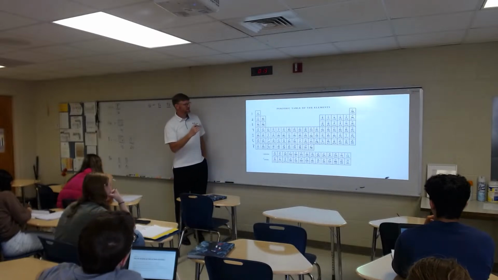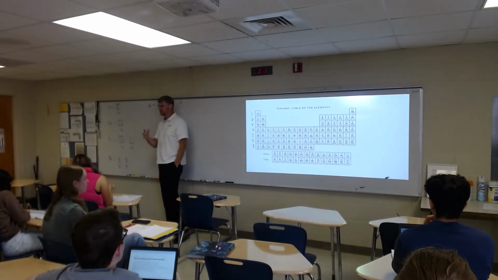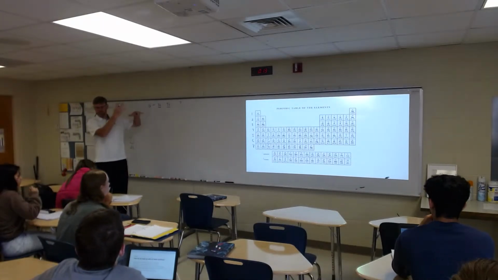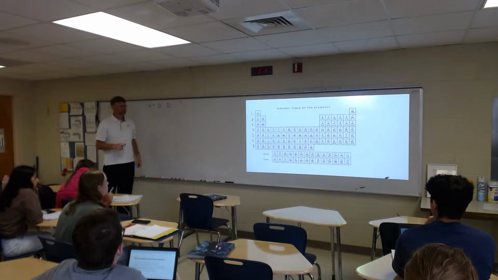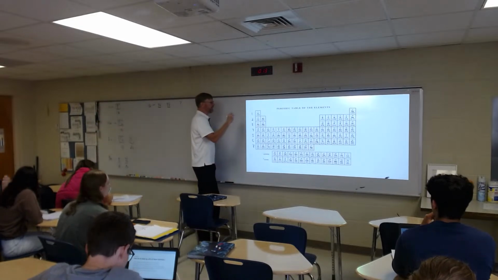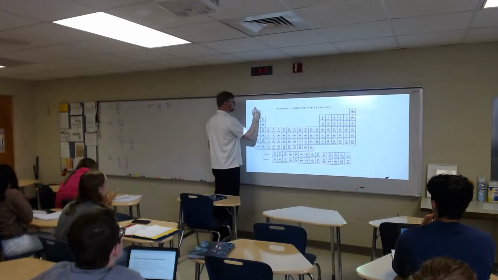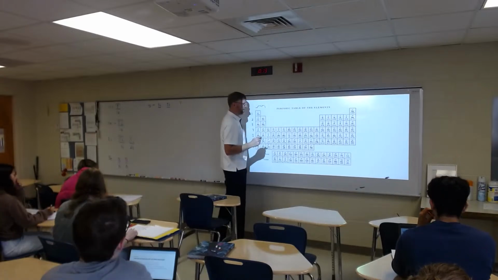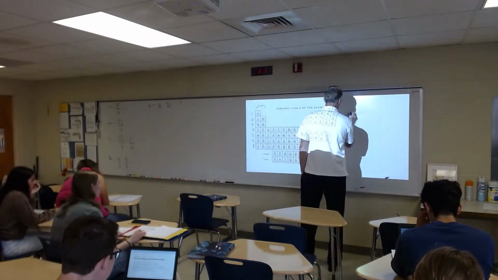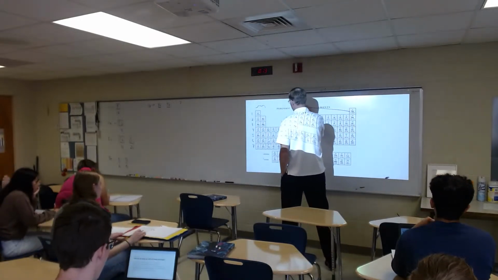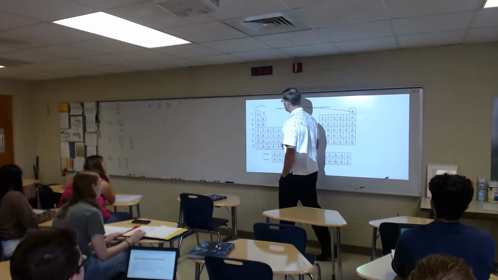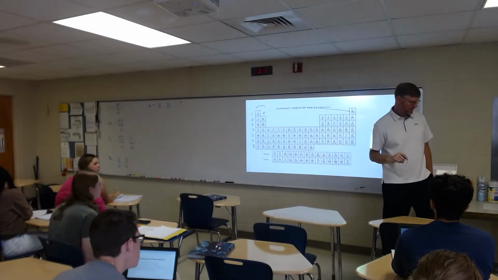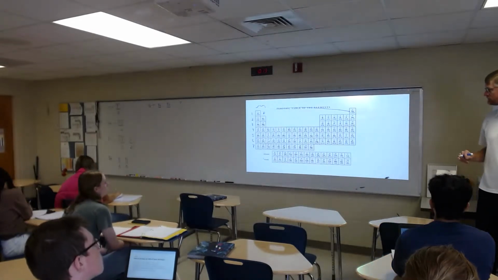Okay, and there are 18 columns. But if you look, you'll see that the columns are not very uniform, right? It's an odd shaped table. If we break it into some parts, like those 2 columns right there, we have to do something a little tricky here. We have to think of helium as belonging there. So for the purposes of what we're talking about here, helium needs to be over there.